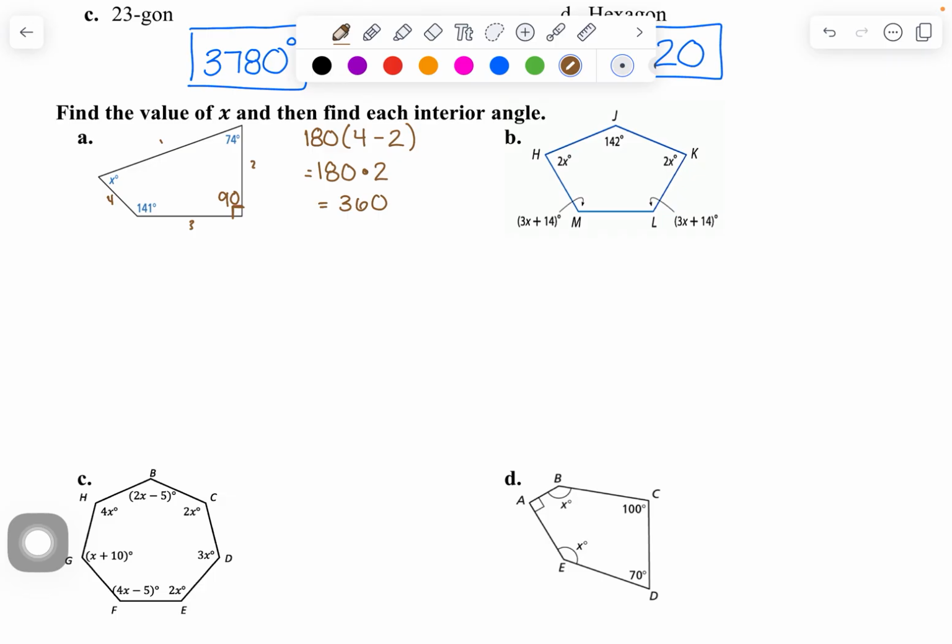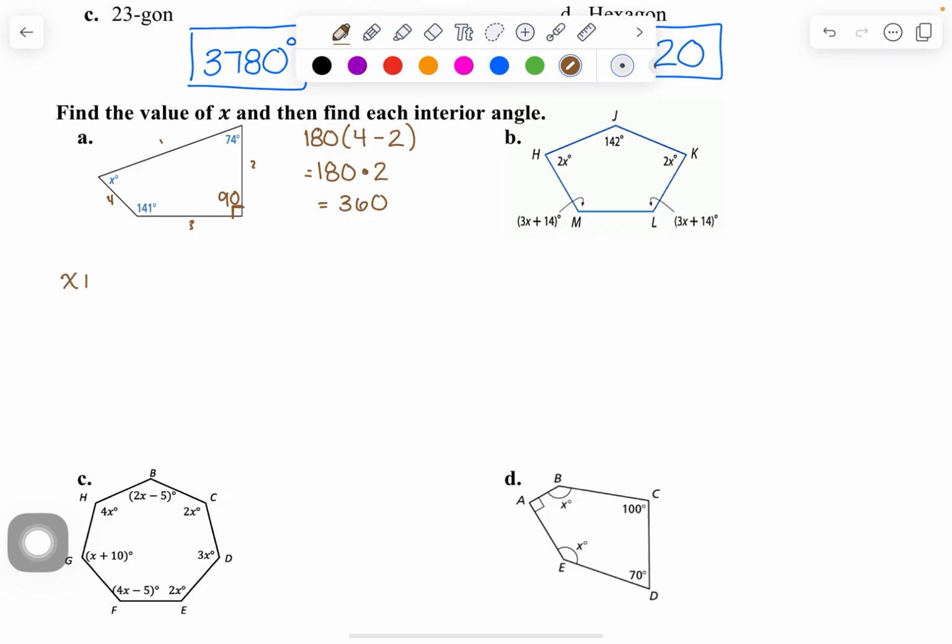Now, notice, quadrilateral, 4 sides, 4 angles. That is true of any polygon. The number of sides it has and the number of angles it has is going to be the same. So make sure you are adding up the correct number of angles to go with that number of sides. So in this case, I should have 4 angles.